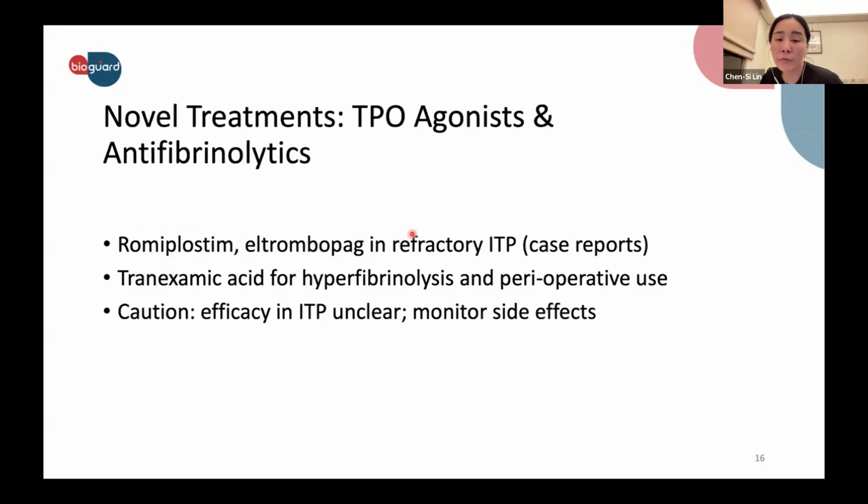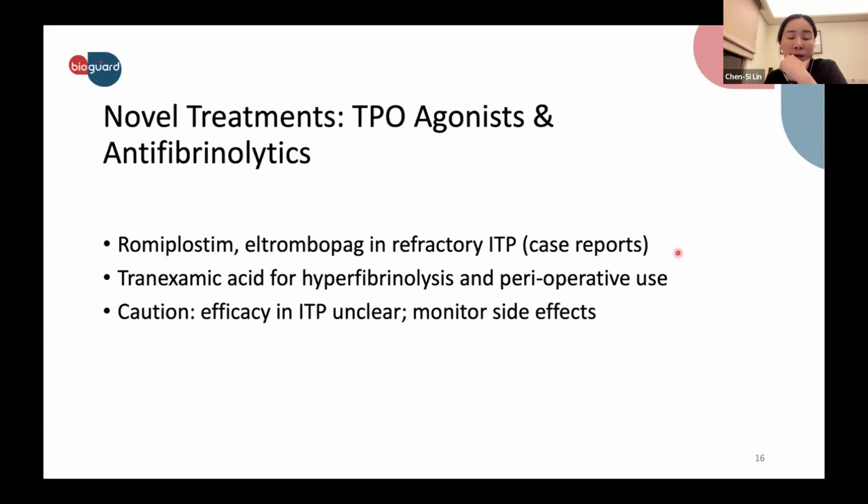eltrombopag in refractory ITP. This finding comes from some specific case reports in which dogs suffered from recurrent ITP.